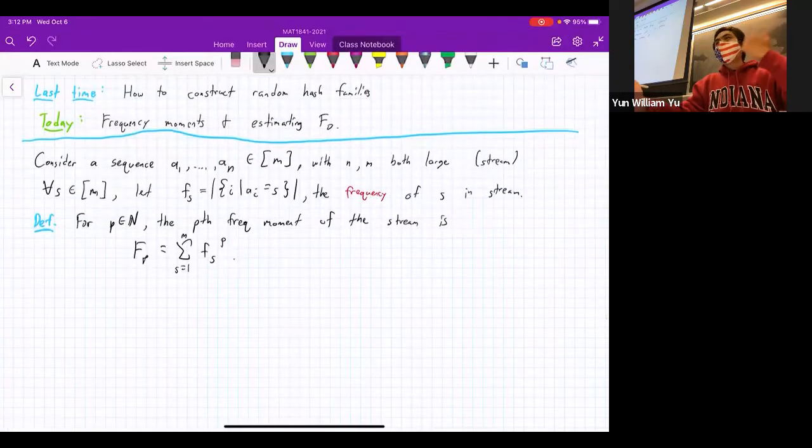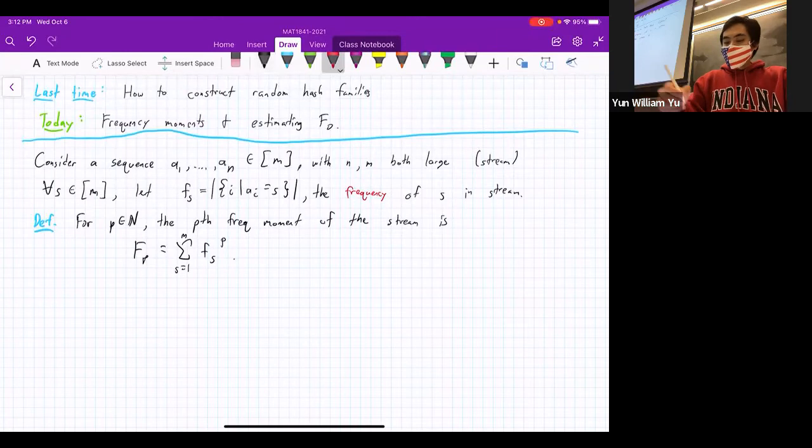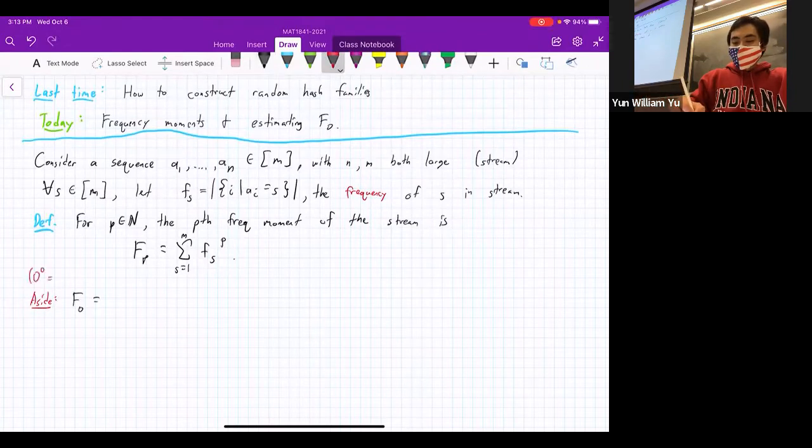And so for the first couple frequency moments, those are all useful things that we care about. And in many cases, they have nice intuitions. So what is F_0? Well, we're going to use the convention here. I know this is not always standard, but we're going to say that 0 to the 0 is equal to 0. Non-standard in some ways.